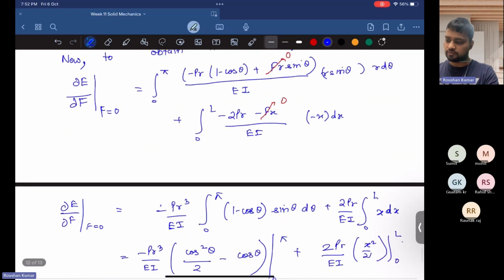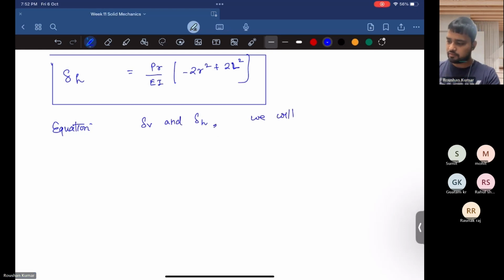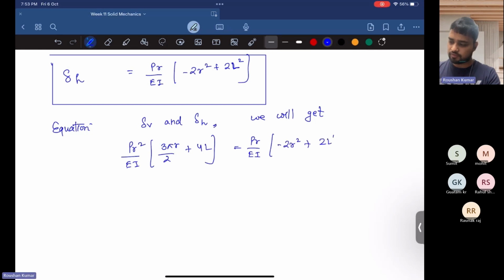So we are equating those two values, that is delta V and delta H. So equating delta V and delta H, we will get PR square upon EI times (3 pi r upon 2 plus 4L) equals PR upon EI times (minus 2r square plus 2L square), which gives L square minus 4LR minus r square times 3 pi by 2 plus 2.